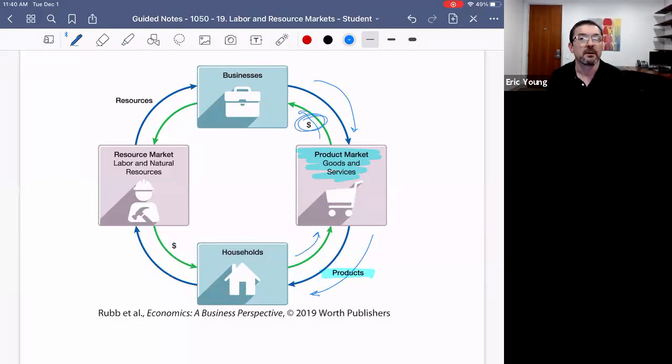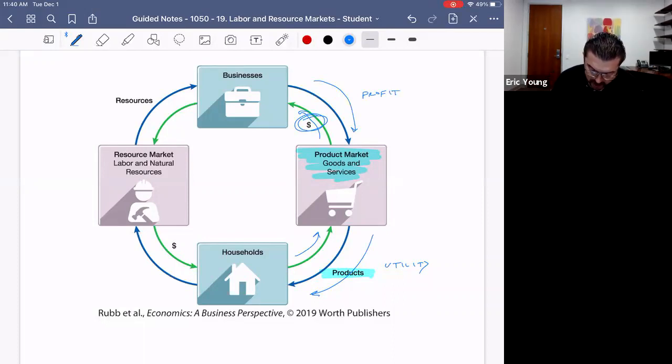We pay for it. You'll recall from our early discussions that we consume goods and services in order to get utility, happiness or satisfaction. And the firms use that revenue in order to earn their profit. That was that kind of reciprocal, interdependent nature of that market.